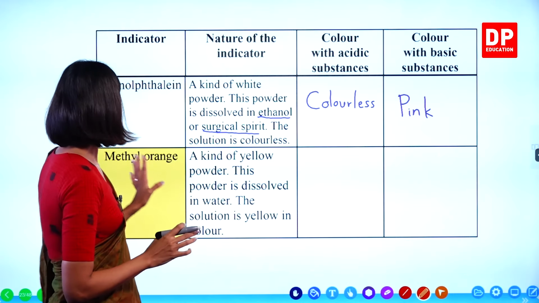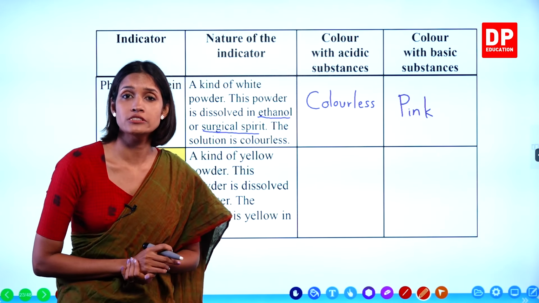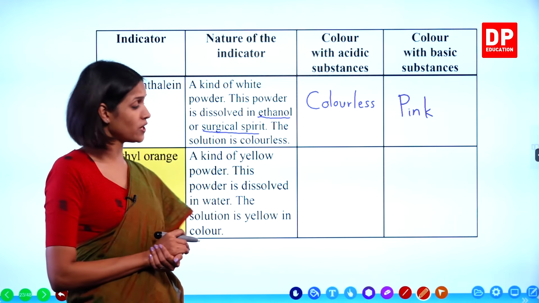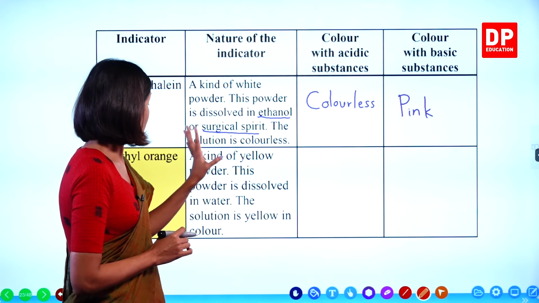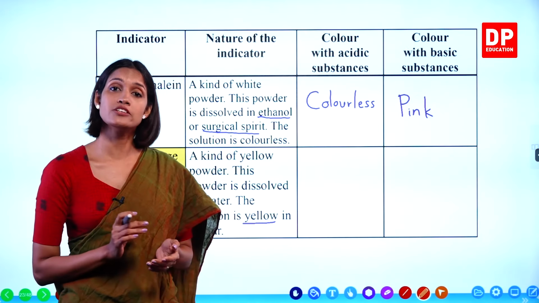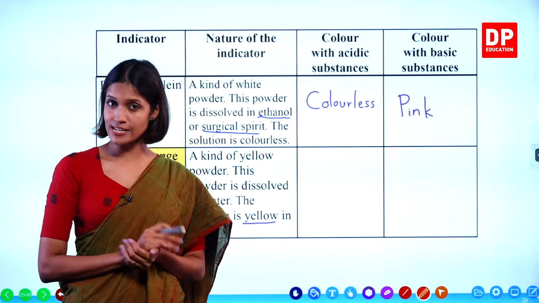Okay, then the next one is methyl orange. So it's a kind of yellow powder, or sometimes it is dark orange in color as well. Okay, and this powder is dissolved in water and the solution is yellow color. Right children, the solution is yellow color, sometimes it's dark orange in color as well.